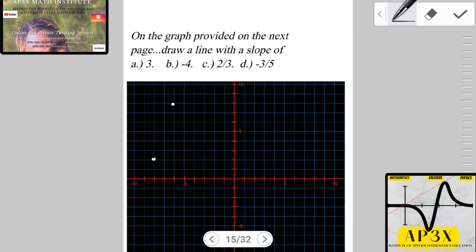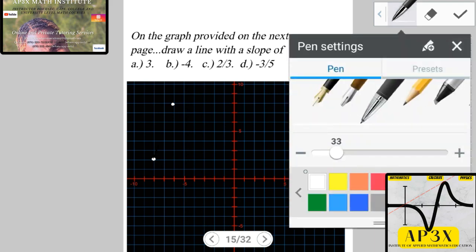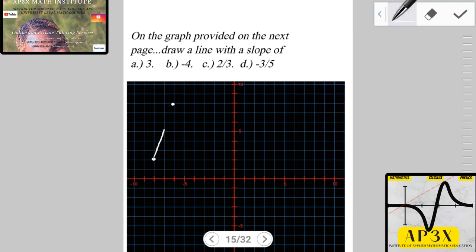So here, that's my line. You can see that my rise is 6 and my run is 2. So 6 divided by 2 is 3.